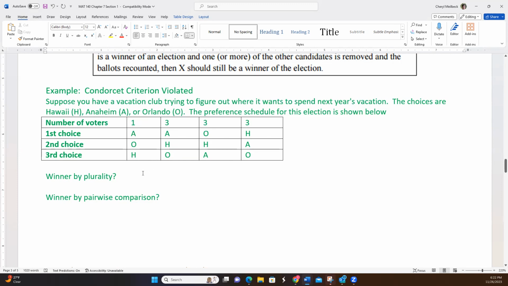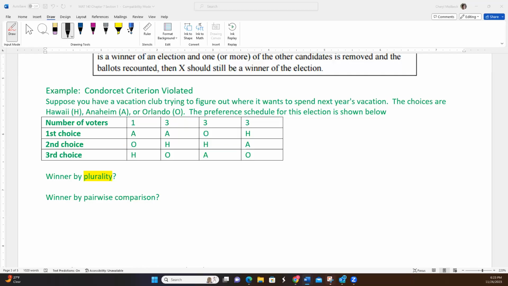Let's have you determine who wins by plurality. Now remember, plurality is who just has the most first place votes. Not a majority, but just the most. So who won this election by plurality? Looking at the preference schedule, we can see that Anaheim had 4, 1 plus 3 first place votes.